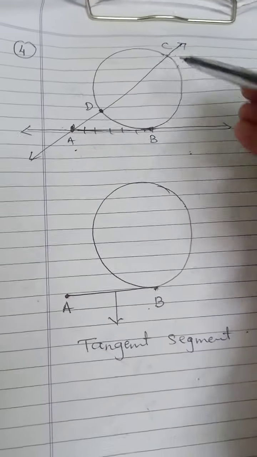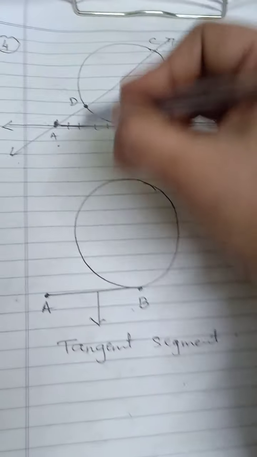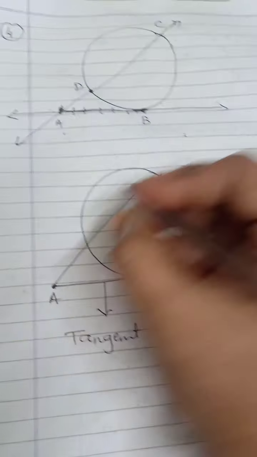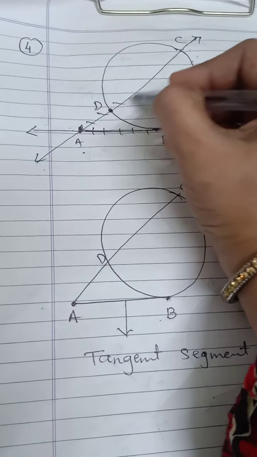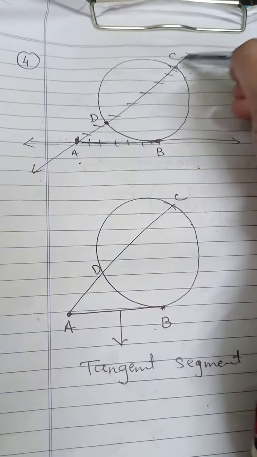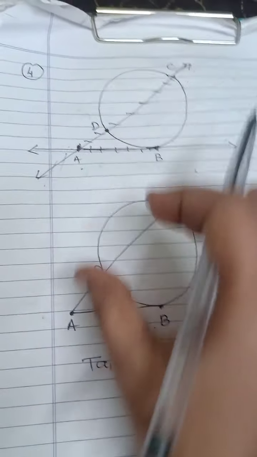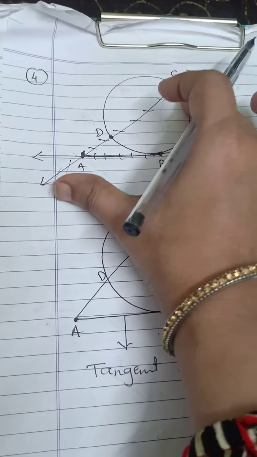Same way here, from this secant I will take some part of this secant, that is A, D and this C. That means this D and this C. That means only this part I am taking. This part we are not taking, and this part is also we are not taking. So again this is nothing but a segment which we are taking from the secant.